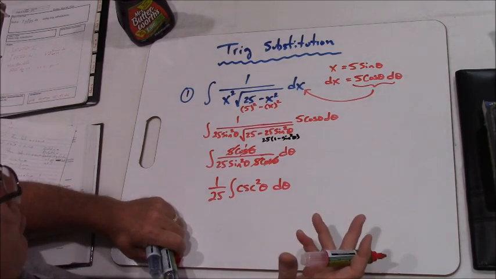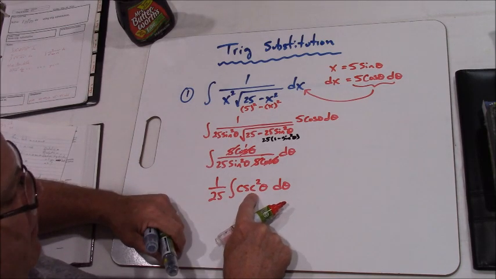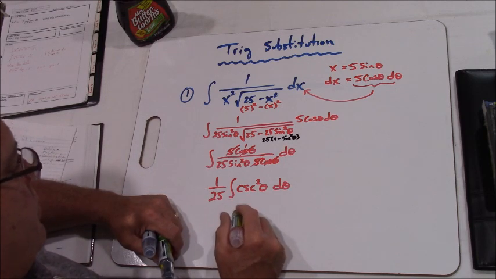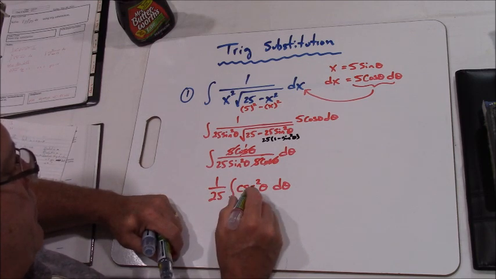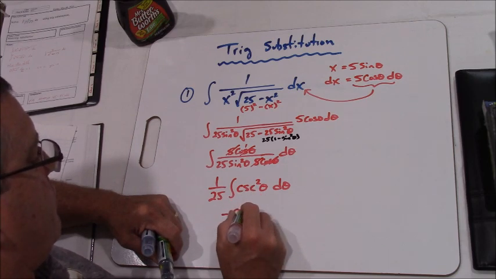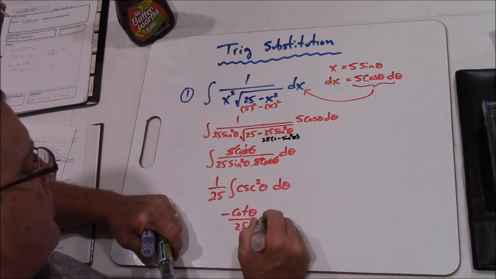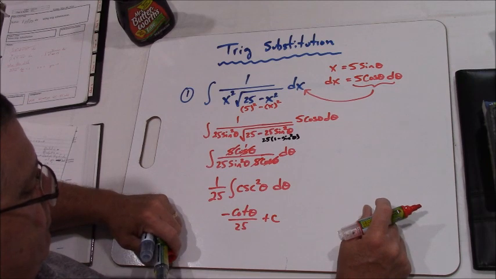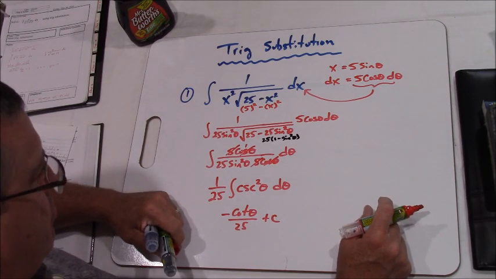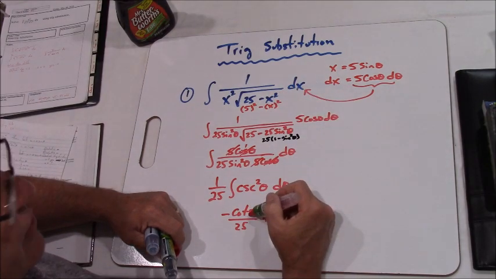And so now I feel like, yes, I did make an easier integral to solve because this is one of our formulas. We know the answer to this. And so my answer to this integral would be a negative cotangent of theta over 25 plus c. And I'd like to say that we're done, but I started with x's, not thetas.